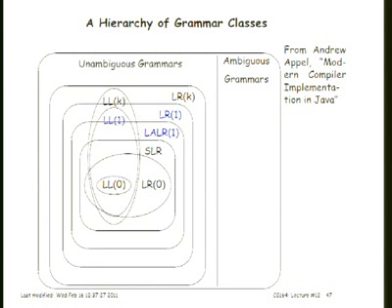Then on the LR side, we have LR0. LR0 means that on the basis of what you've scanned so far, you decide what to do, and you don't have to look ahead at all. This is not really a tiny grammar class. It's actually somewhat substantial, but it's not very useful for our purposes.